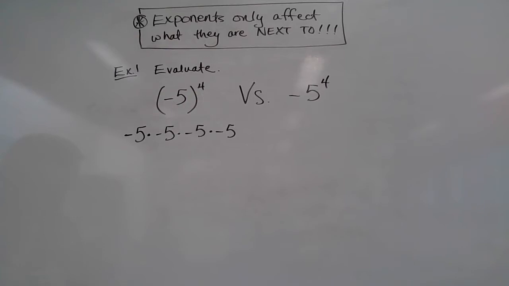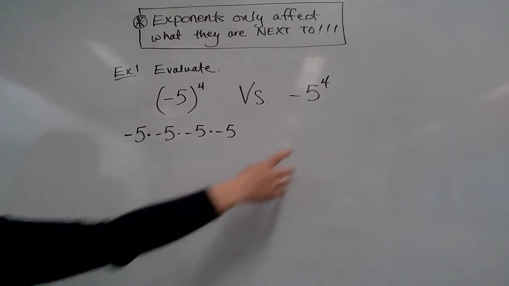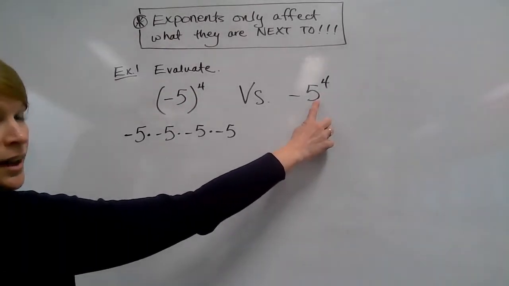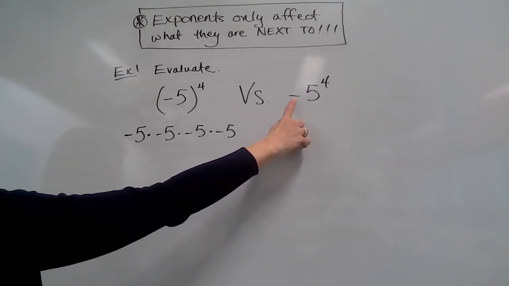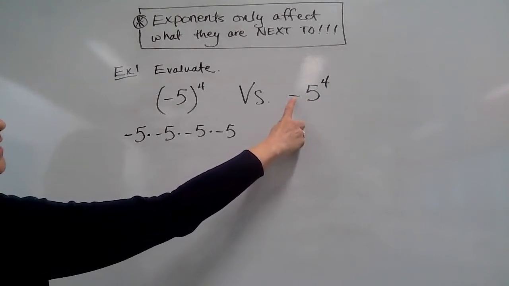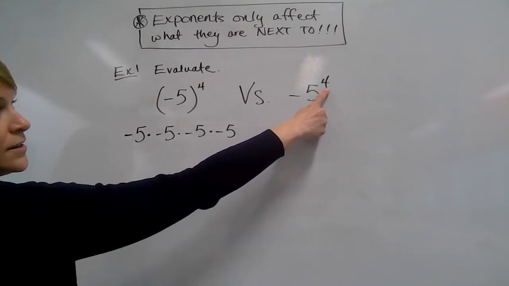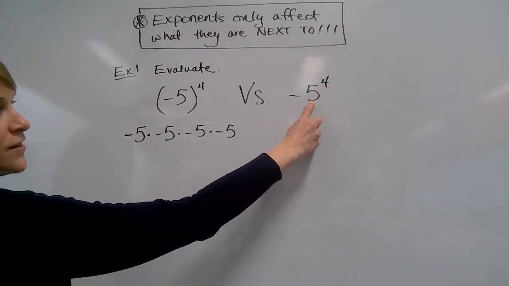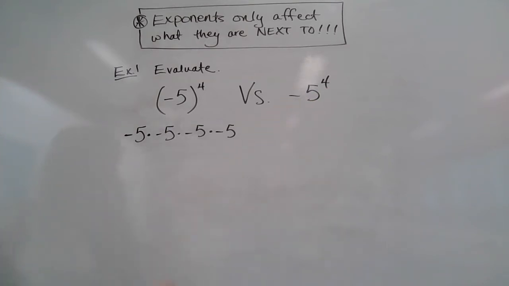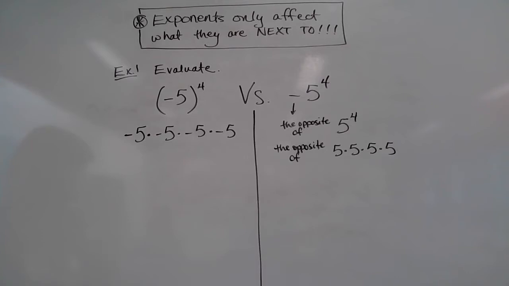On the second one, the power of 4 is next to the 5, and this negative is out front. This negative represents the opposite of 5 to the 4th power. This exponent only affects the 5, not the negative. So that's really kind of a subtle thing, but important.